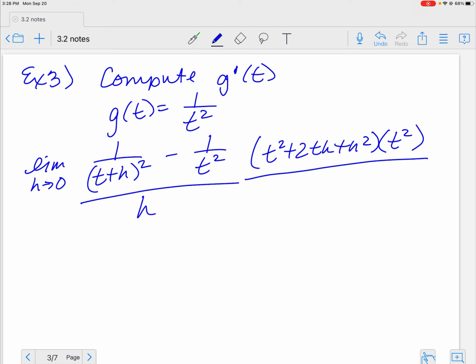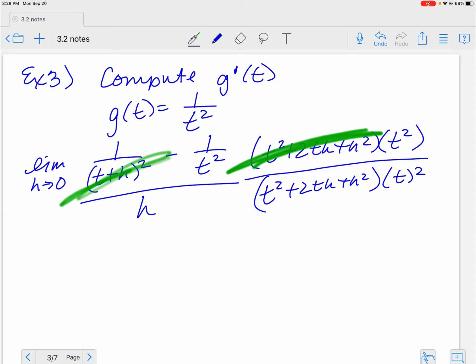All over t squared plus 2th plus h squared times that t squared. So when I multiply, this cancels out this. It's just multiplied out, but those mean the same thing. So my numerator here is just multiplied by that t squared, because this cancels out with this, potentially, right?